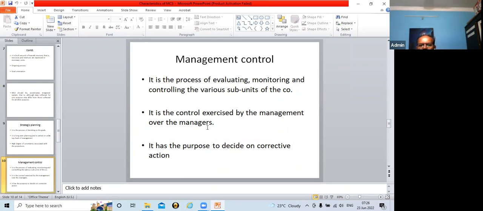It has the purpose to decide on corrective action.